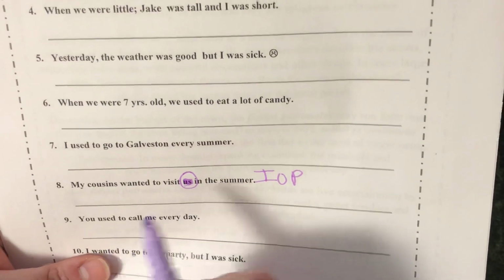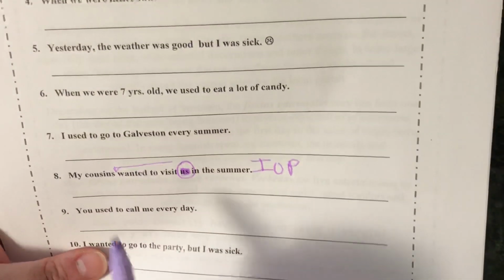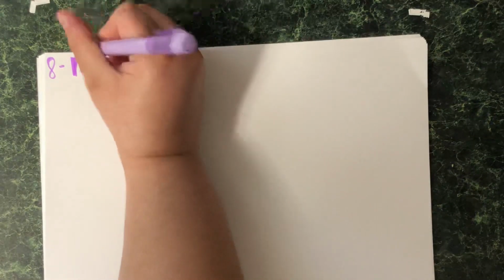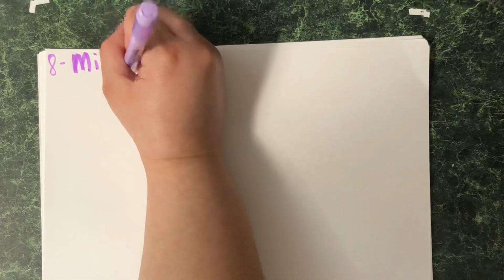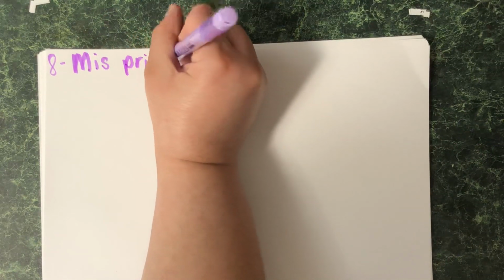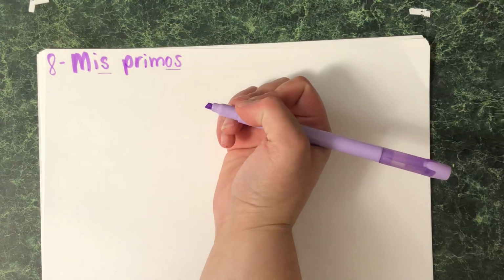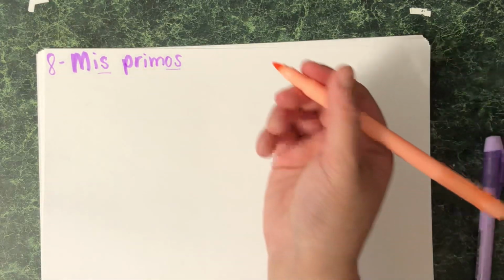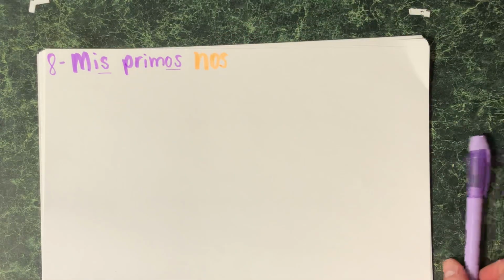And the IOP goes to the left right before the verb, okay? So, my cousins, more than one cousin to make me plural, so mis. And then cousins, primos, more than one cousin, make it plural. These two must be in agreement. IOP, wanted to visit us. The IOP for us, it's going to be nos.